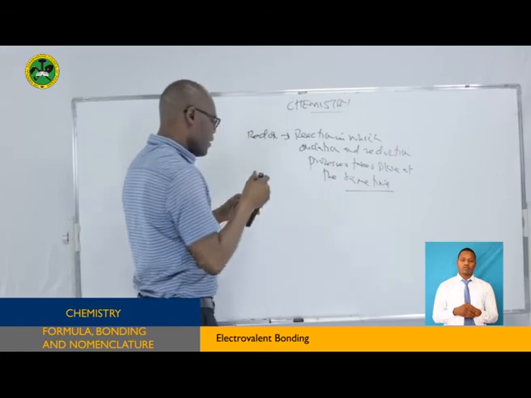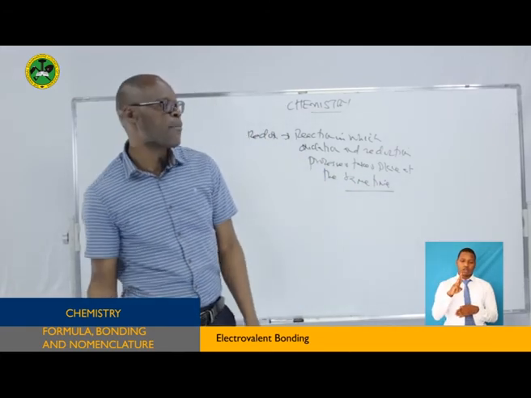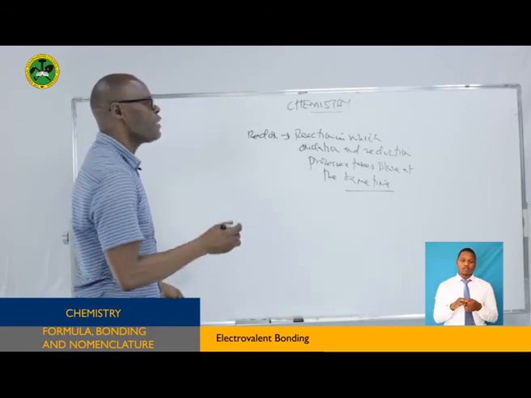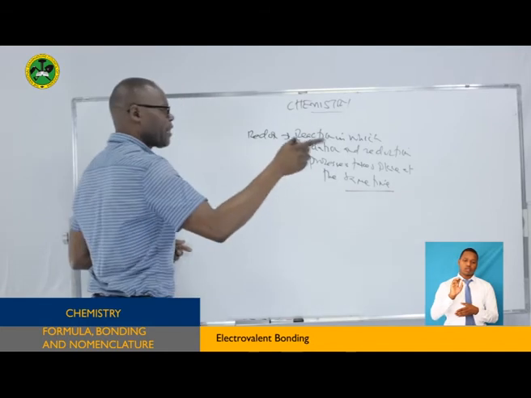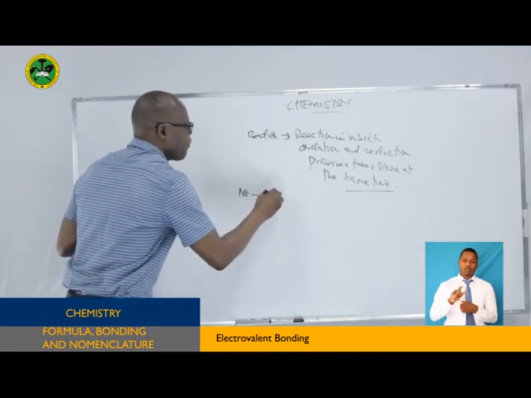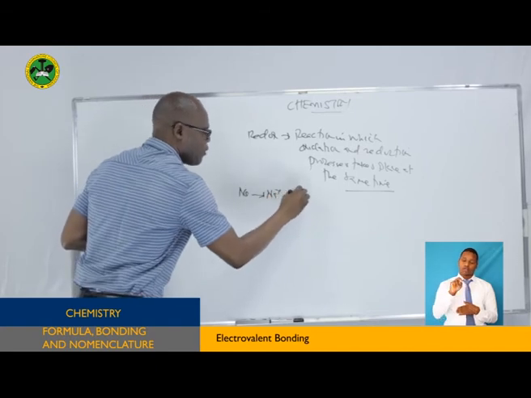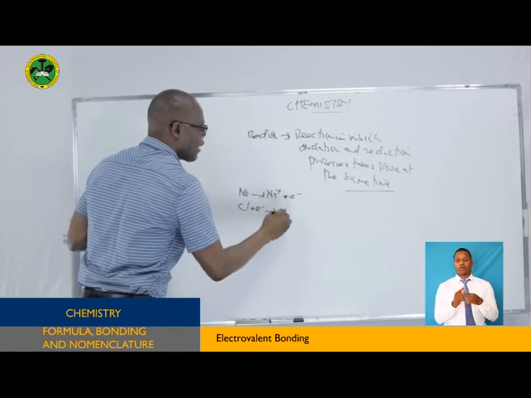So if we apply redox reaction to the formation of sodium chloride, what the question is asking us to do is to write the equations for the formation of sodium chloride. Remember, I think we did that example. We said sodium loses an electron to become an ion. And also chlorine gains an electron to become a chloride ion.